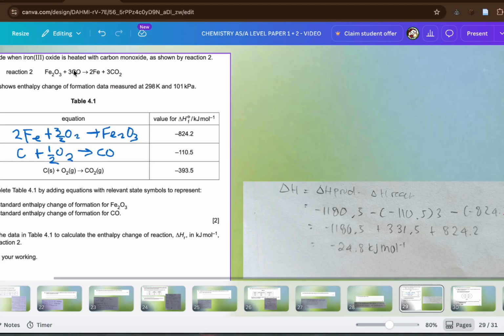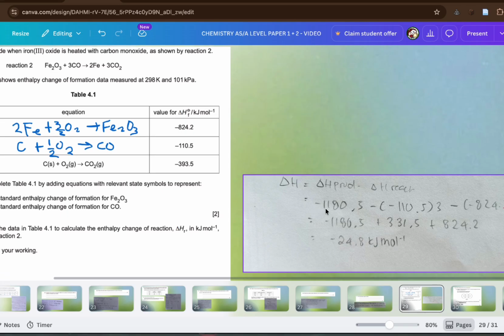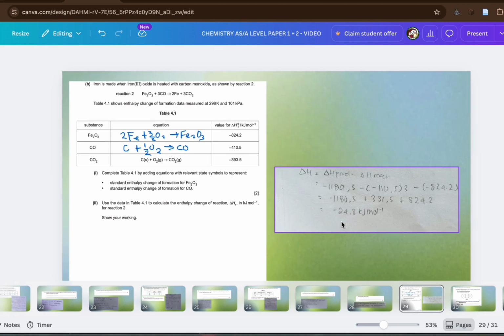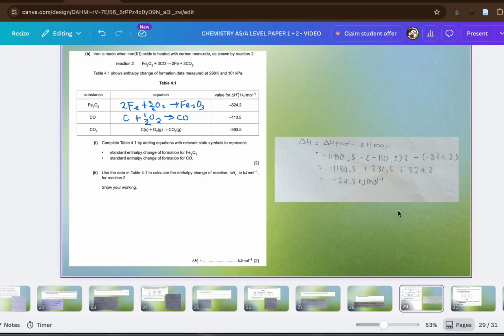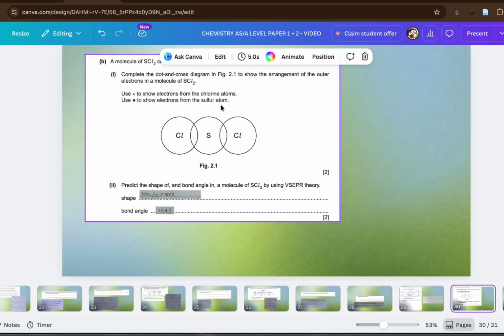And the reactants are carbon monoxide and iron 3 oxide, so it's negative 1180.5 minus negative 110.5 multiplied by 3 minus negative 824.2. We see the result: negative 1180.5 plus 331.5 plus 824.2, which results in negative 24.8 kilojoules per mole. That's our enthalpy change.